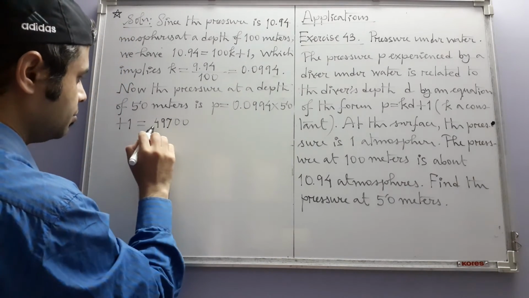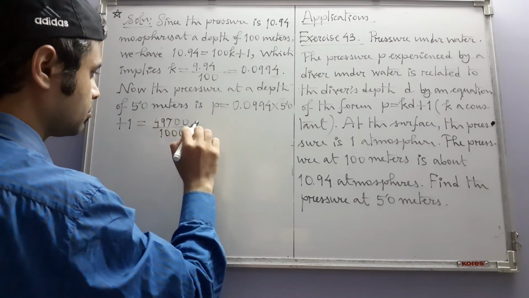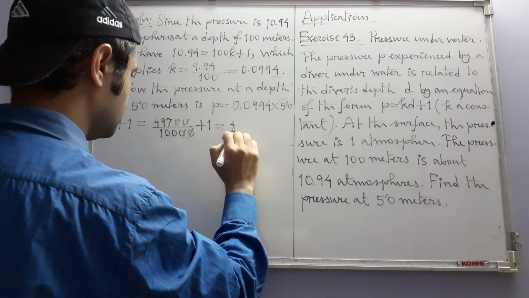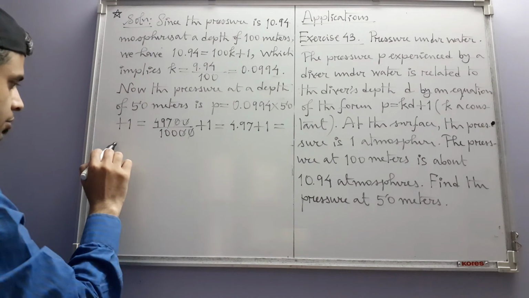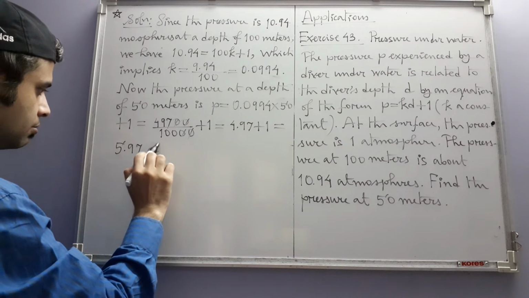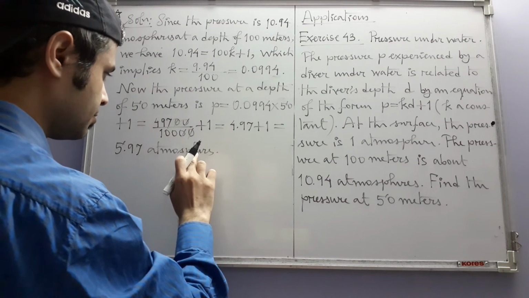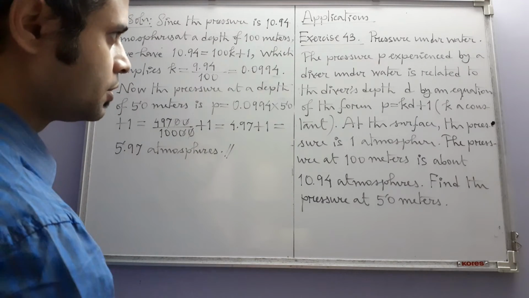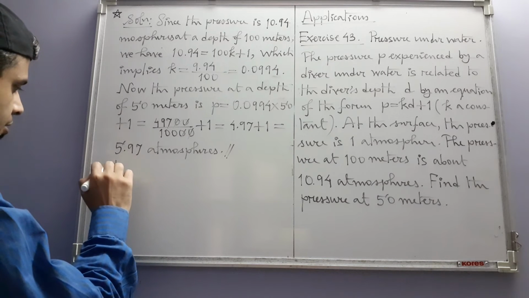Divided by 4 plus 1, so that means this is 4.97 plus 1, which is equal to 5.97 atmospheres. Then, exercise.